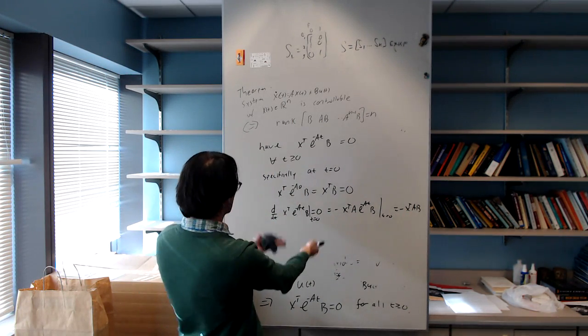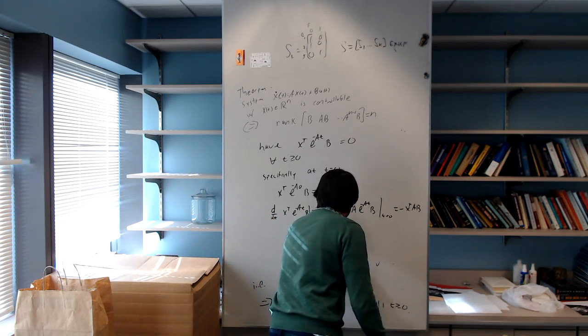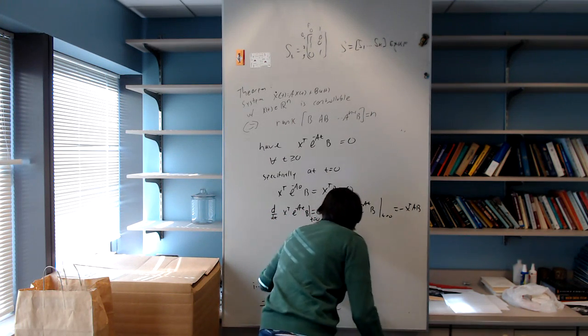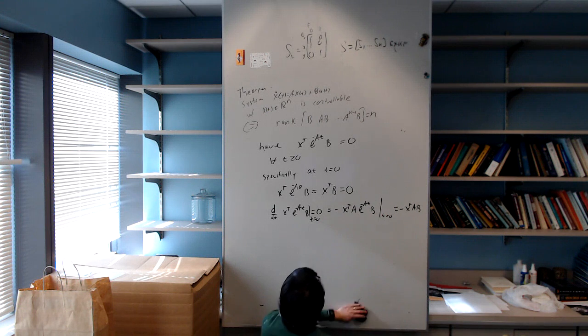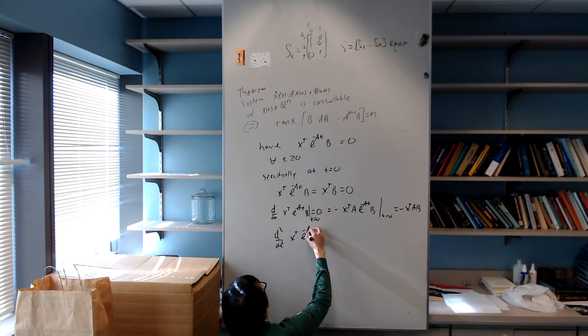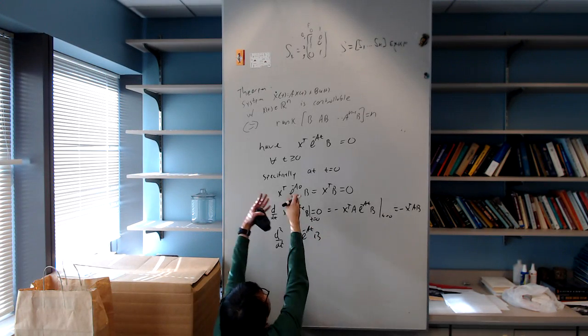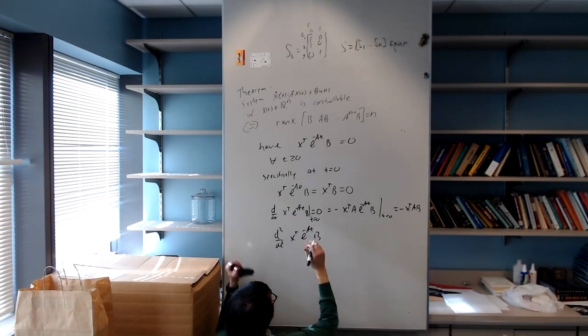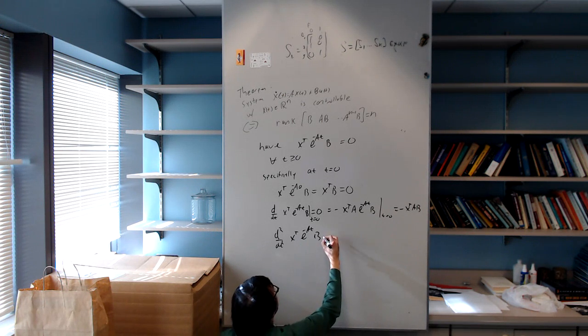And now we could keep doing this, right? So in particular, d squared dt squared x transpose e to the minus atb, because this is identically 0. The only way it's identically 0 means all of its derivatives have to be 0.